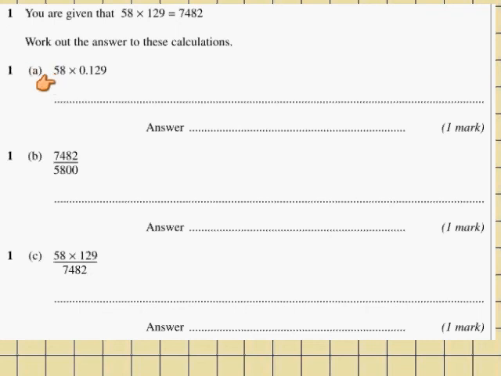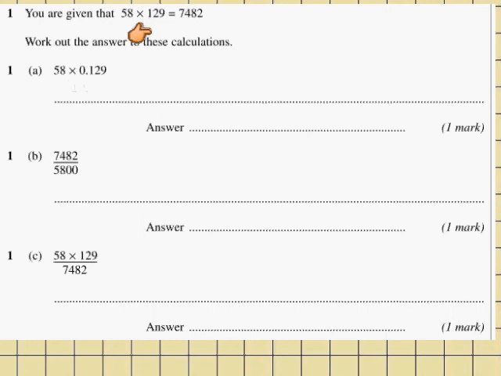If you notice, 58 is here, 58 is here. You've got 0.129 and you've got 129. So what's the difference between these, or what's happened here? Well, 129, to make it 0.129, it would have to be divided by 1,000.